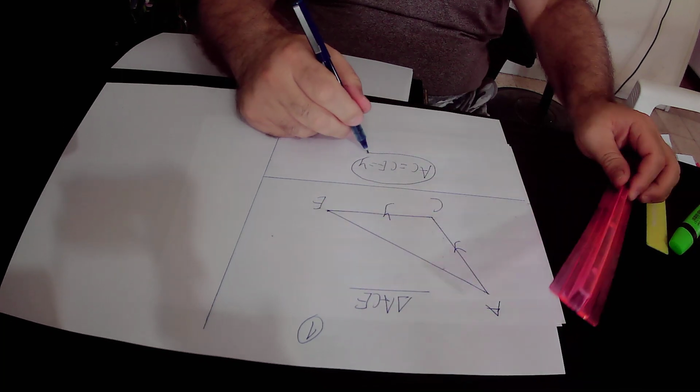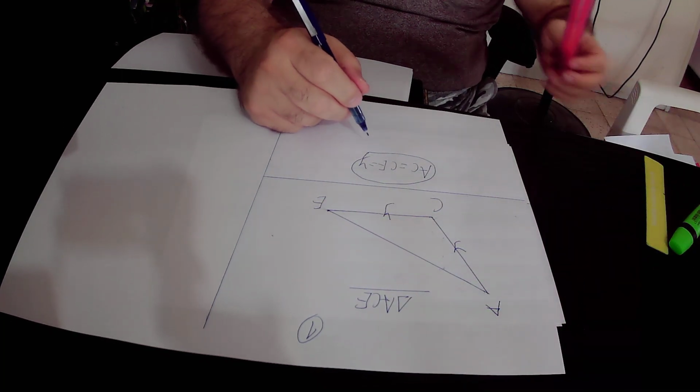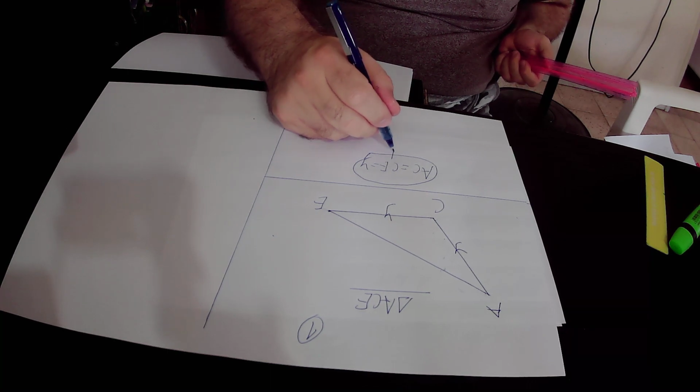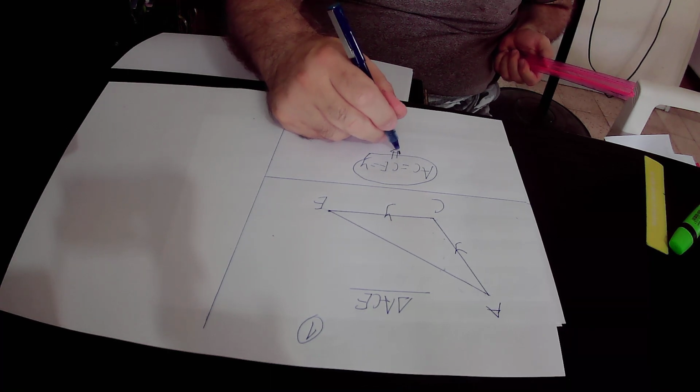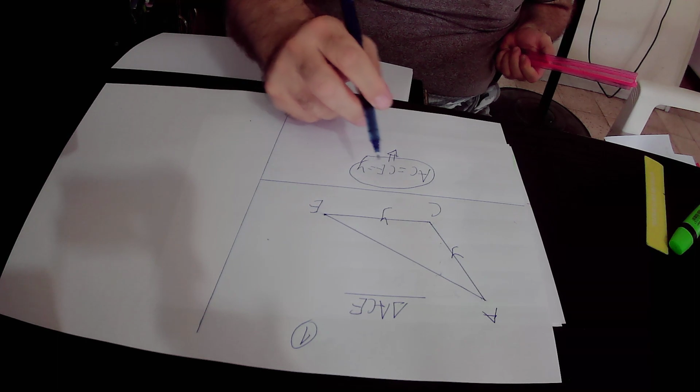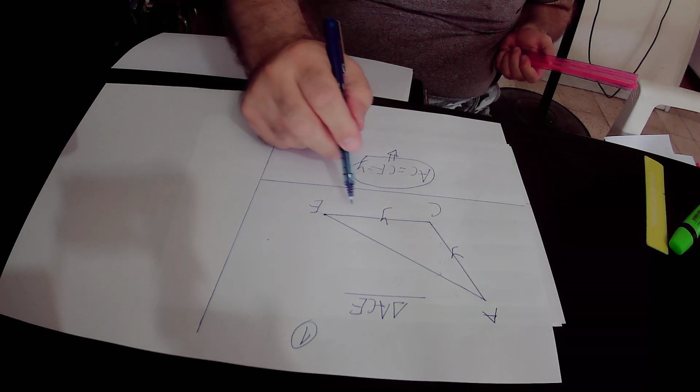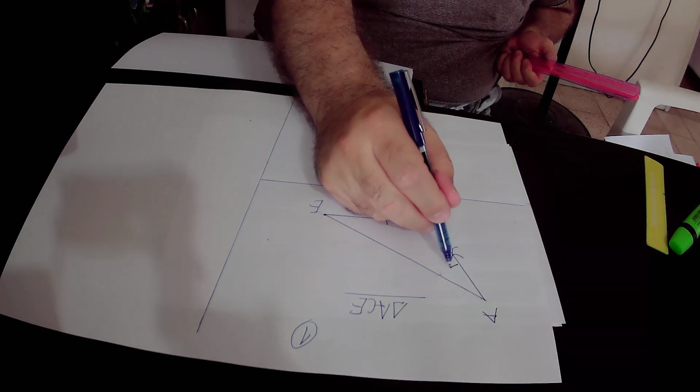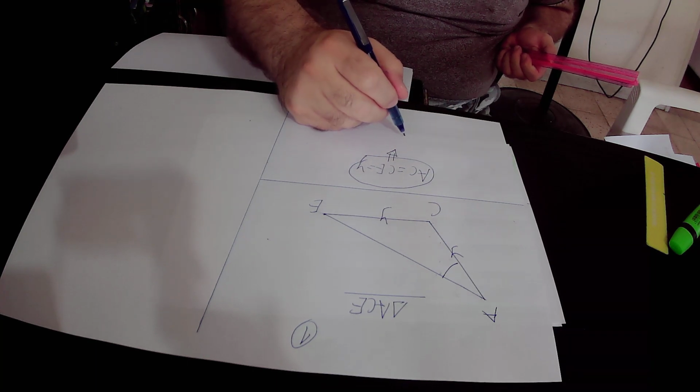And we have the rule that in front of equal sides in the triangle there are equal angles. In front of side CE, we have this angle that is actually angle CAE.